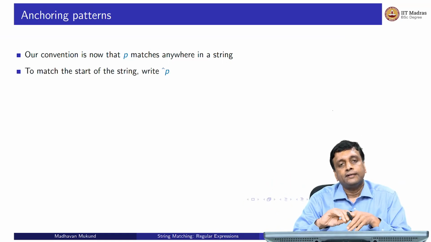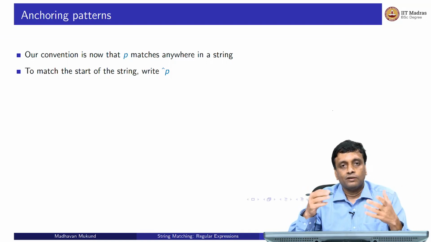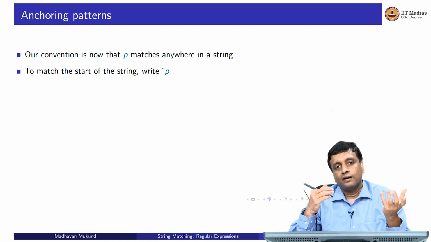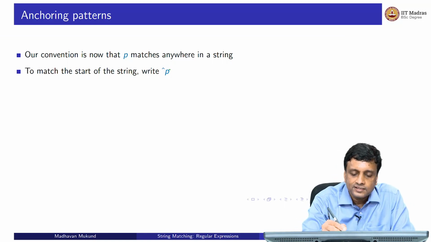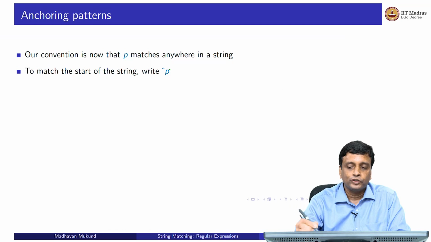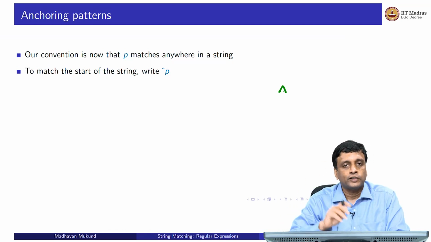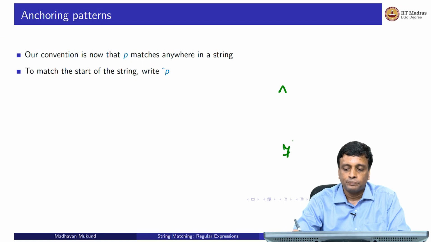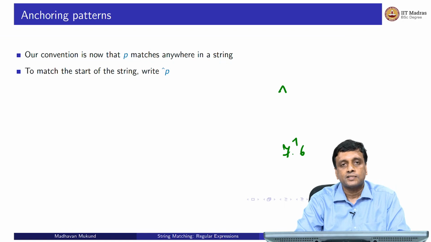This is now an extension of the pattern notation. The notation varies from one system to the other, but these are quite conventional. You write this up arrow symbol, which you will find on your keyboard, sometimes used for exponentiation, like writing 7 to the power 6. It's one of the shifted symbols above the numeric keys, normally 6.